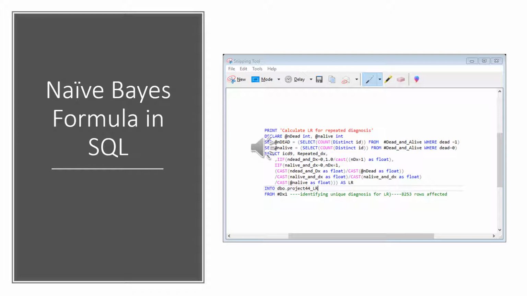The naive Bayes formula was used to aggregate data from individual diagnoses to predict the overall risk for diabetes. This slide is an example of the SQL code for the Bayes formula.